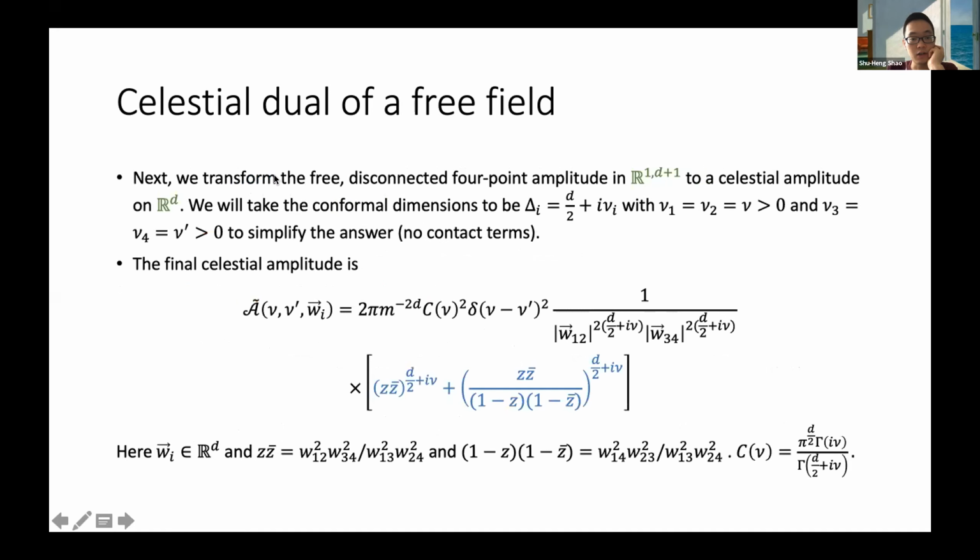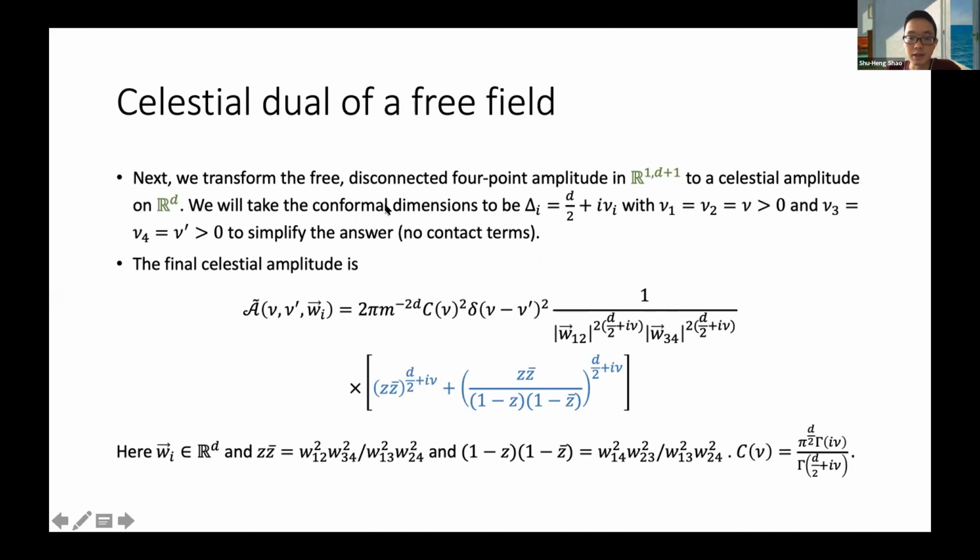Next, we apply the basis transformation to go from the momentum space to the conformal basis. Notice that I started with the massive scalar field so that there's a well-defined scattering process. And here I'm applying the massive conformal basis transformation. For the massless case, it's a little bit more subtle, but let me focus on the massive case.